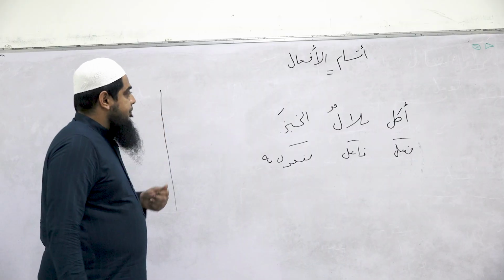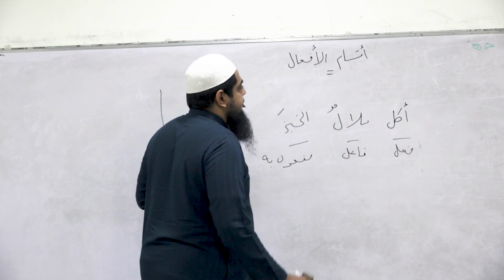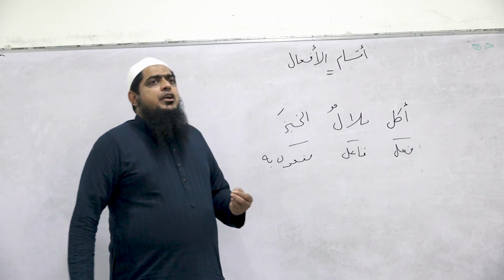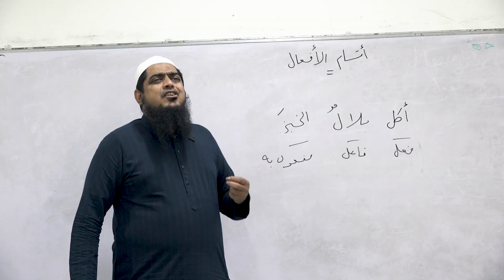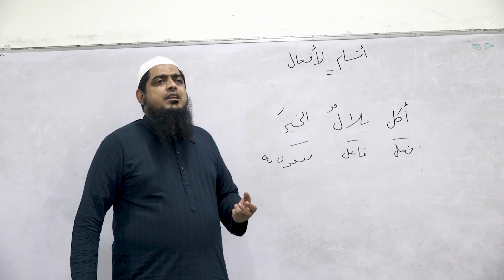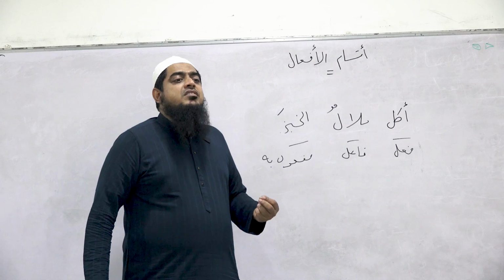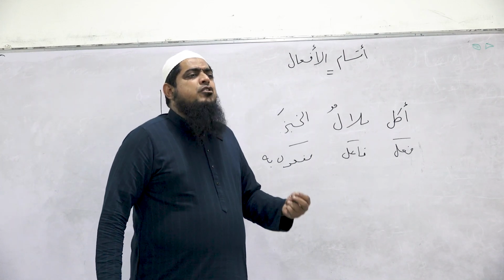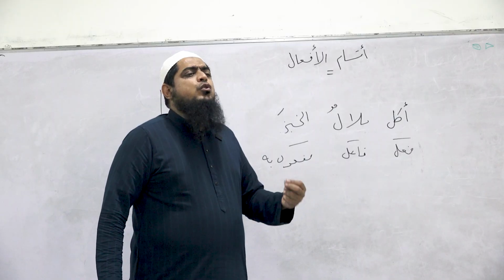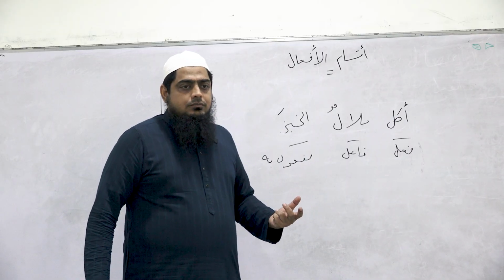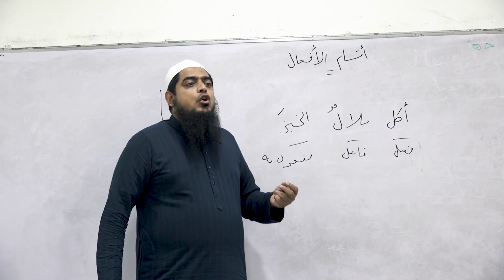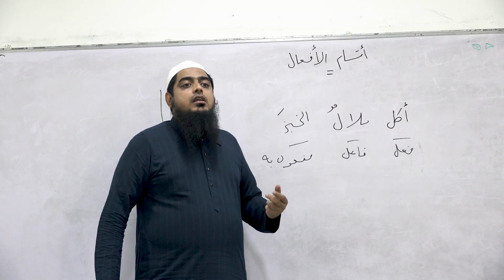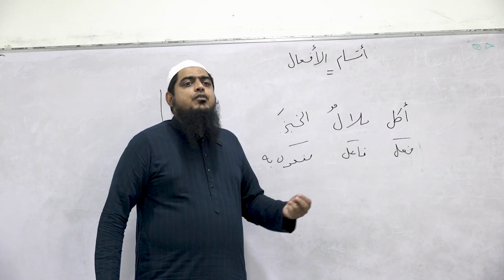Okay, now what happens? It's not compulsory, or it's not every time when you mention a person who has done the job. Sometimes you say the job is being done, but you don't want to say the person who has done it. What do you do? You hide al-fa'il. Why do you hide?